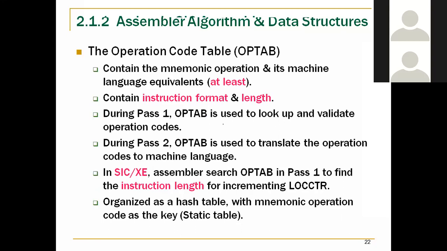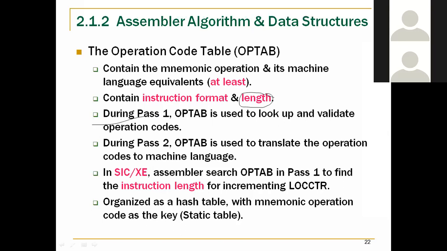When it comes to the operation table, we had seen that along with operation codes and their machine language equivalent, it also contains the instruction format and its length. This is required when we want to verify whether the instruction is a valid instruction or not. And of course, it also helps us during address assignment by looking into the value of length.